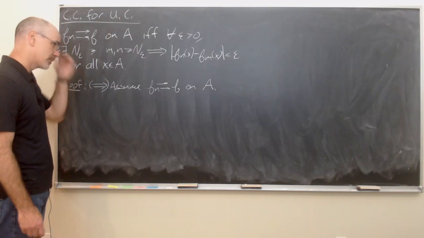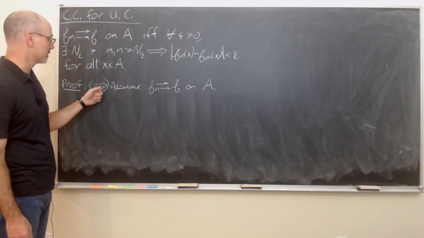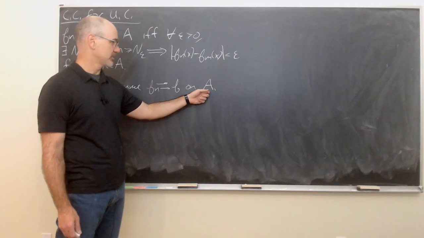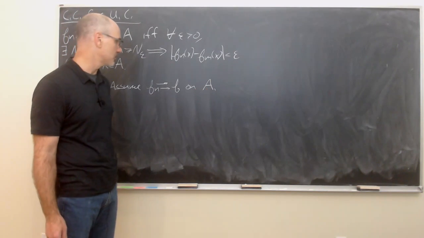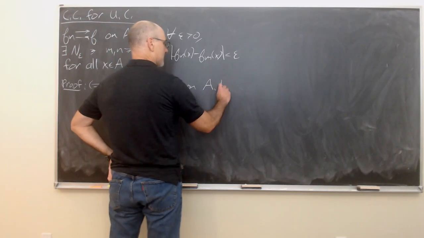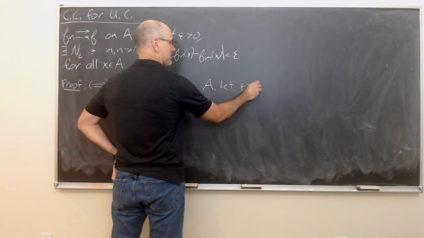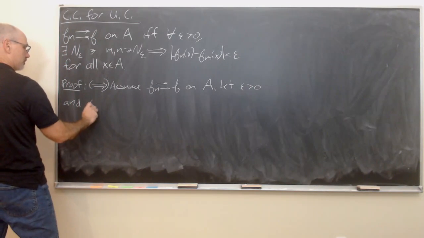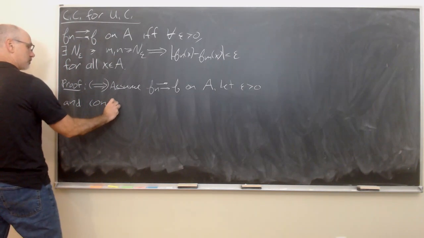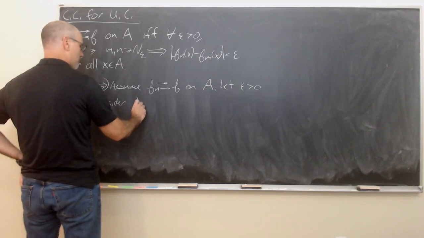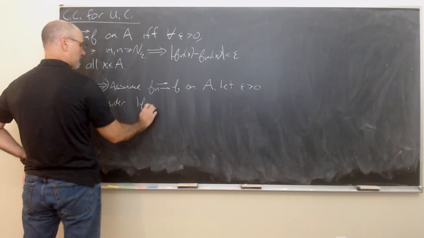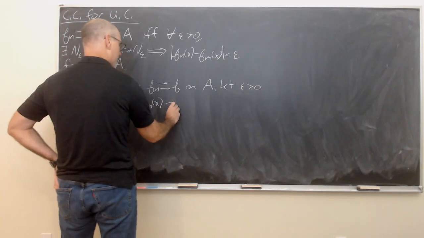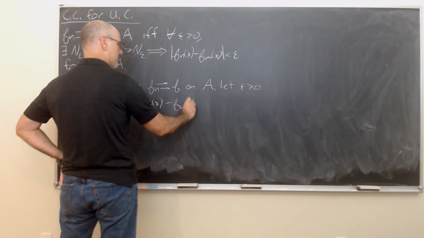So let's start off with the forward direction. We assume f sub n converges uniformly to f on A, and we show that the Cauchy criterion has to hold. So let epsilon be bigger than 0 and consider the thing we want to make small. So this is f_n of x minus f_m of x.